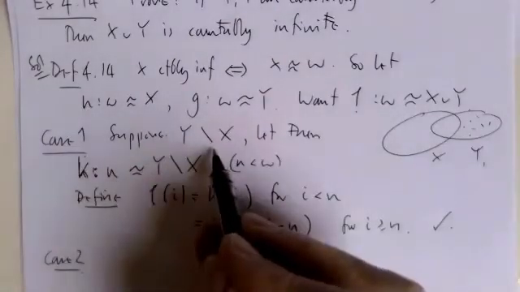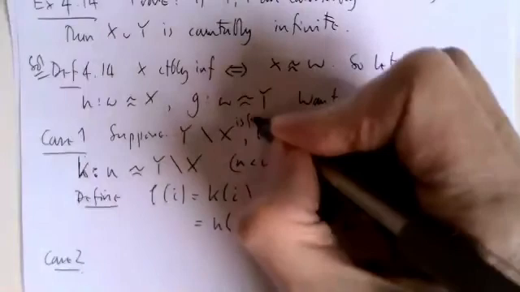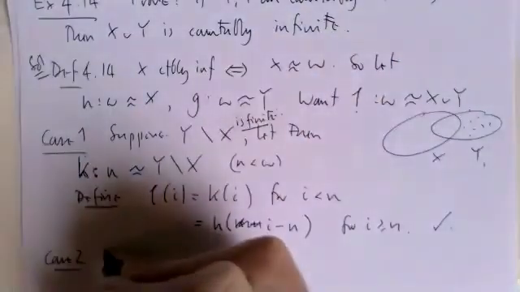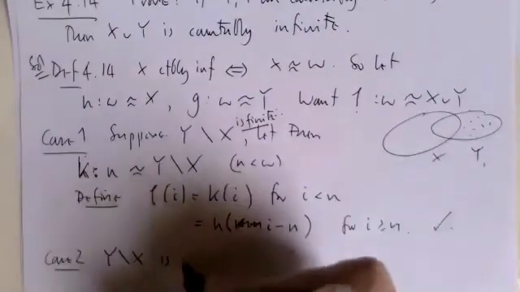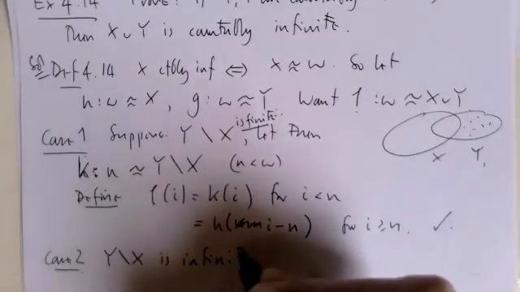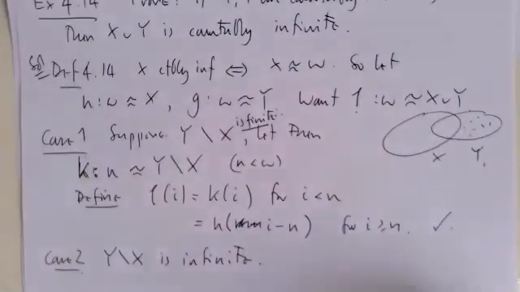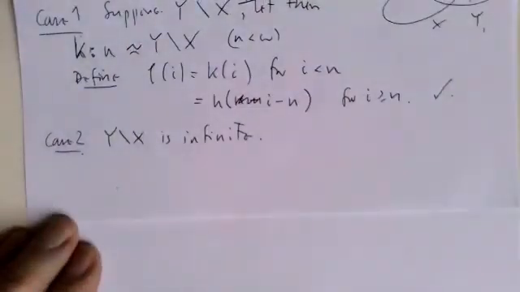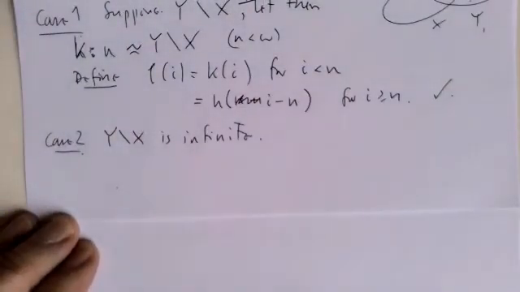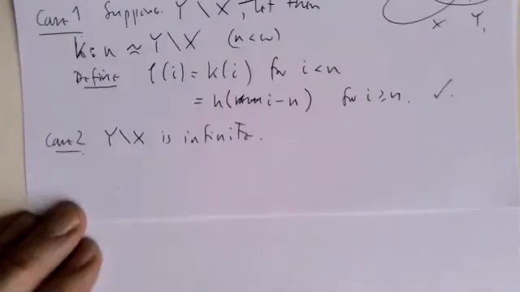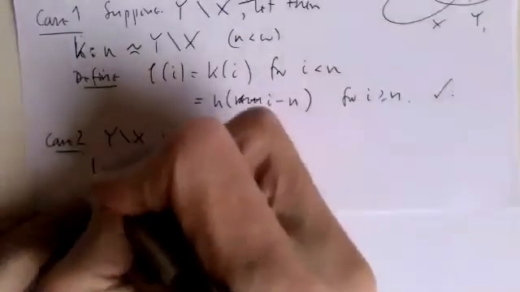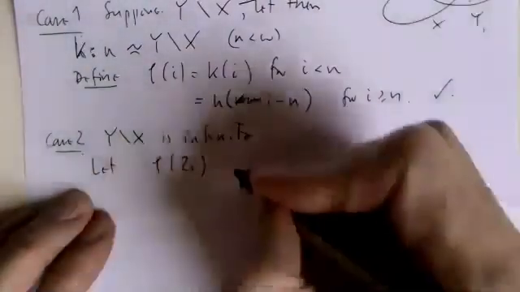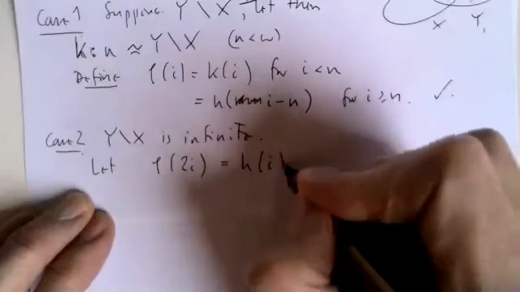Case 2, otherwise, this is infinite. Sorry, this should say this is finite. Yeah, in fact the exercise is kind of easy. It's just a bit fiddly to write down a specification. So let L on the evens here be H of i.